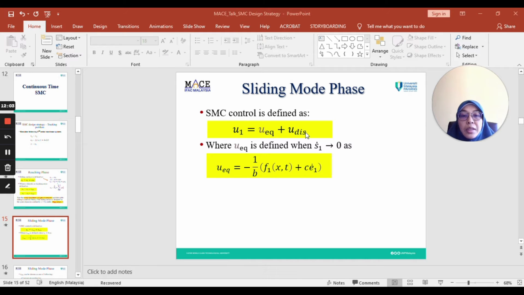It means the same. We define our equivalent control when the derivative of our sliding surface goes to 0.